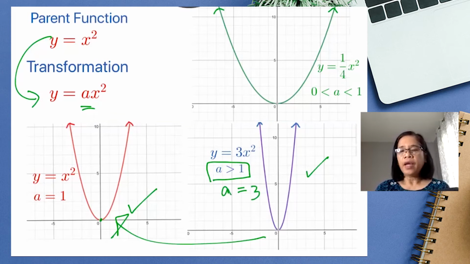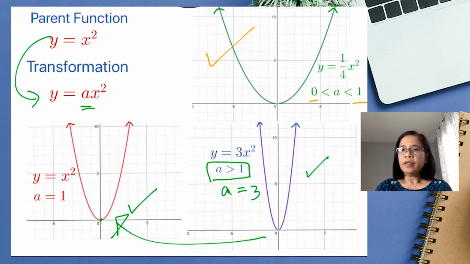And if a on this graph is a number between 0 and 1, so it's a fraction, or you can have a decimal between 0 and 1, notice the effect on the opening of the parabola. The parabola becomes wider.